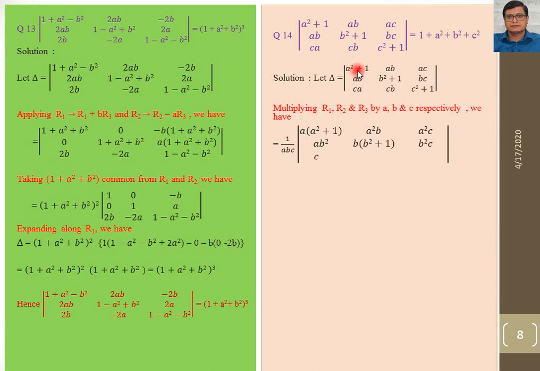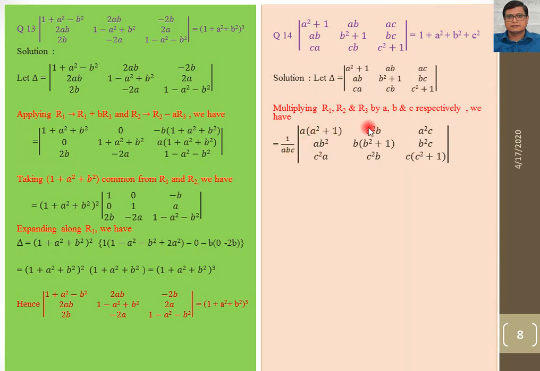Then a into (a² + 1), a²b, a²c in R1; in R2, ab², b into (b² + 1), b²c, because we are multiplying R2 by b; similarly in R3 also. Whenever we multiply any value inside the determinant, we have to take the same value outside the determinant in reciprocal.